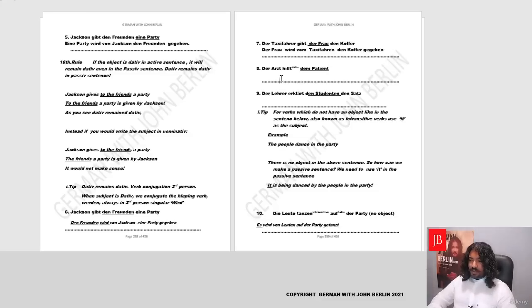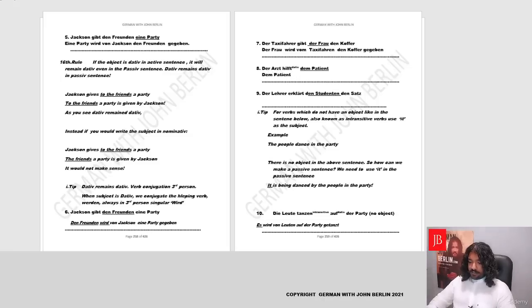Der Arzt hilft dem Patient. So the doctor gives to the patient's help. So to the patient will remain to the patient. We can't say the patients are being given help by the doctor. It's to the patient help is being given by the doctor. So we'll begin with dem Patient, dative bleibt dative.